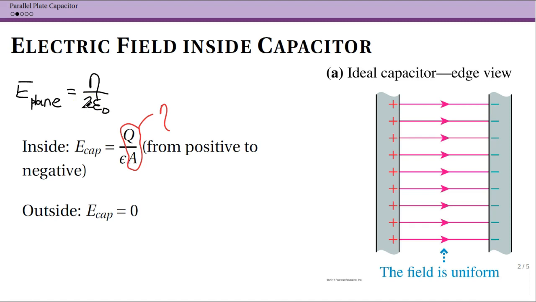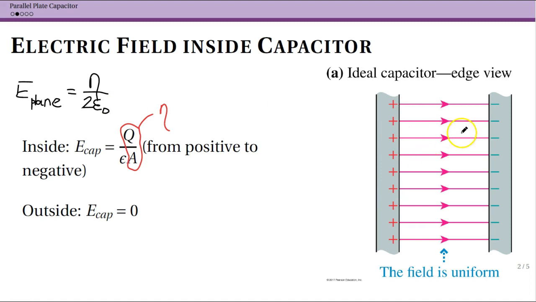Now, this is uniform. It doesn't matter how close you are to each of these planes. Then, on the outside of the capacitor, it's 0. 0 close, 0 far, absolutely 0. So the argument we're going to make to get here, and we're going to do this visually, is that we can treat each of these as an infinite plane, where the electric field was given by eta over 2 epsilon naught.